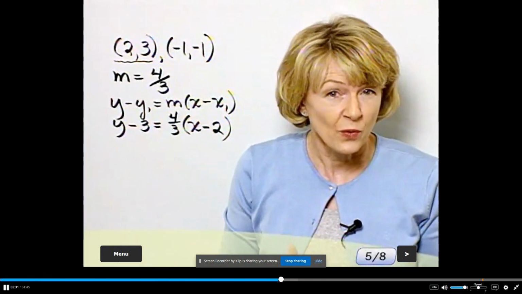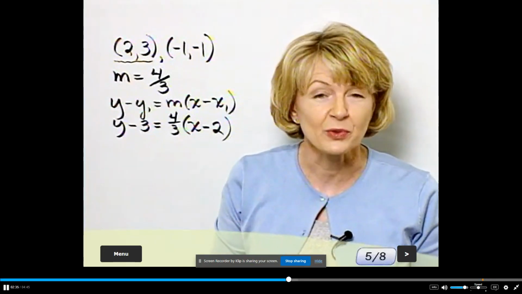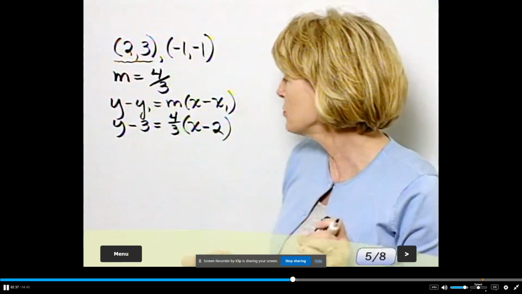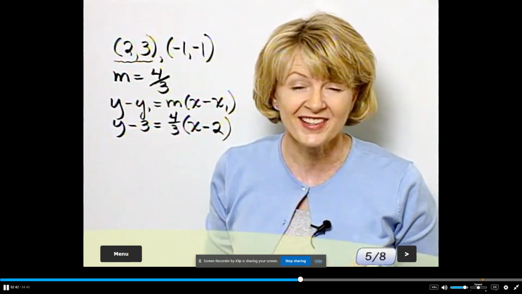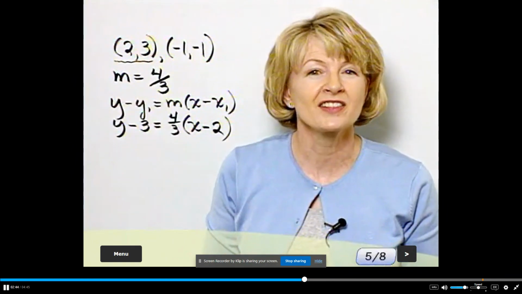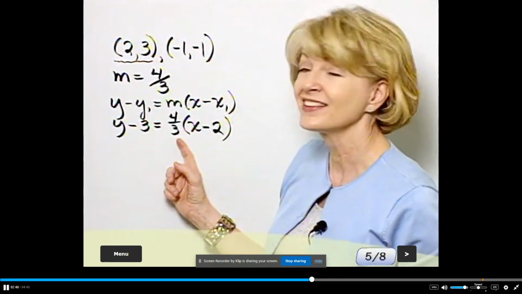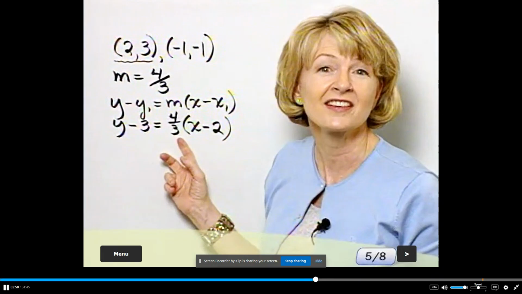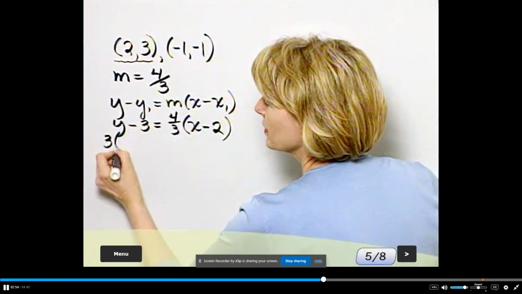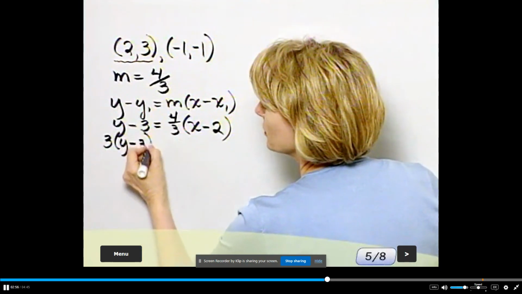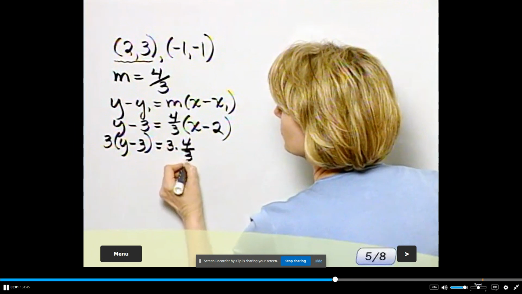Let's write it in standard form, ax plus by is equal to c. So to do so, why don't we take a step and remove fractions? Now, how do we remove fractions in an equation? We'll multiply both sides by the LCD, in this case, 3. We'll multiply the left side by 3, and then we'll multiply the right side by 3.